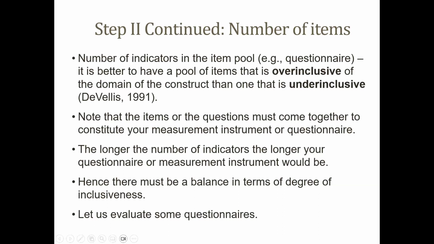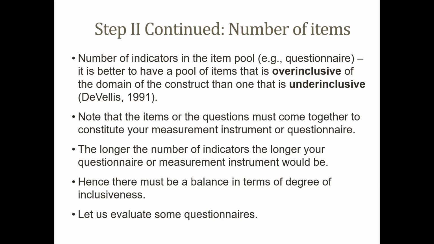So a key note here is that all these items must come together to constitute your measurement instrument or questionnaire. In the initial model we're looking at, we have service innovation, IT infrastructure, and operational performance. For each of these constructs, we are going to have a number of measures that come together to capture each of these notions. And then these three sets of measures will come together to form your questionnaire.